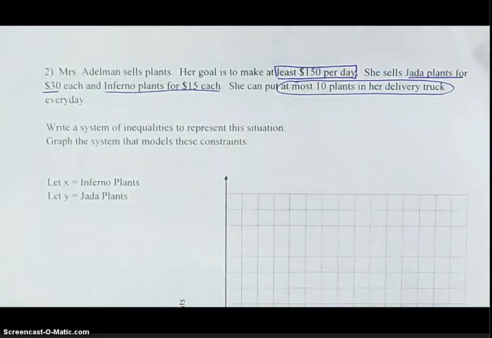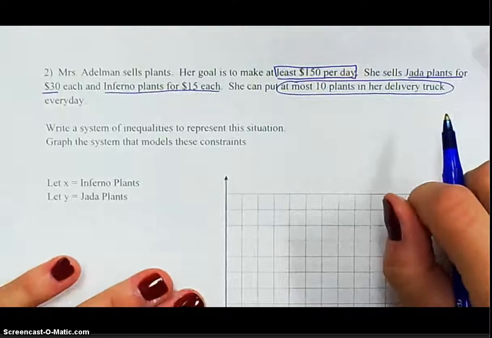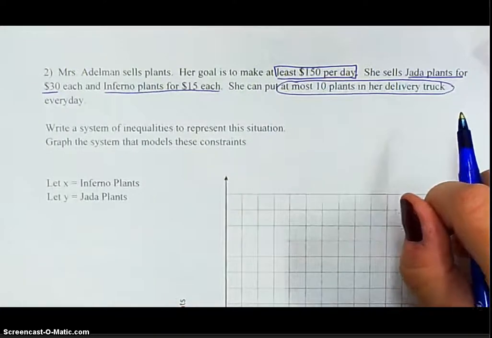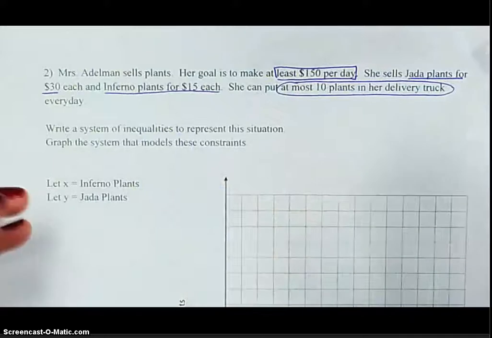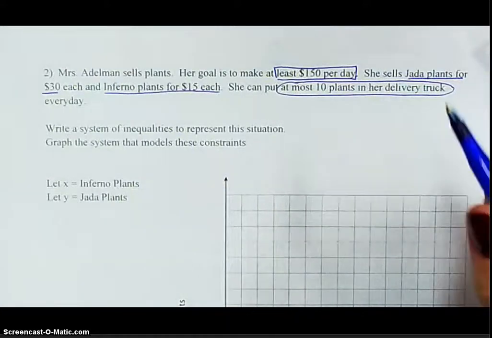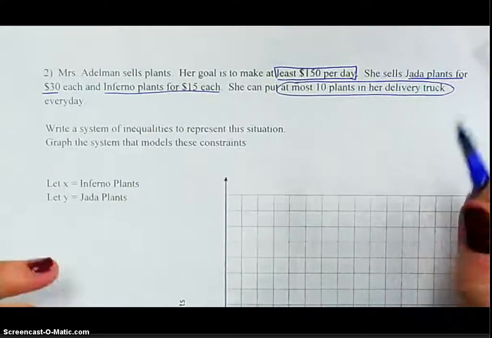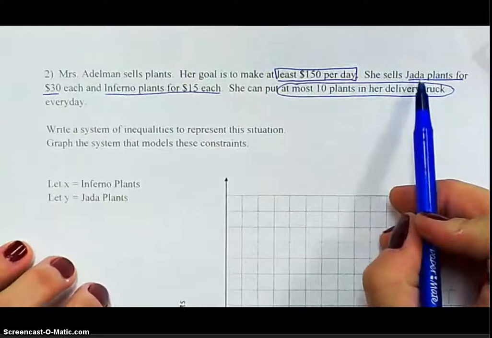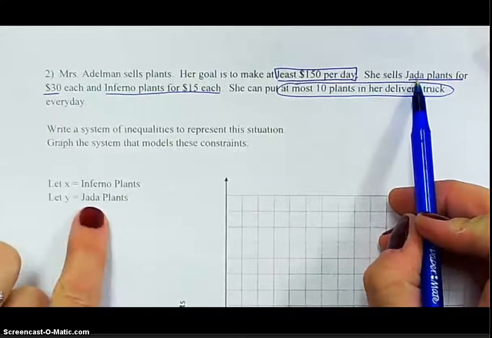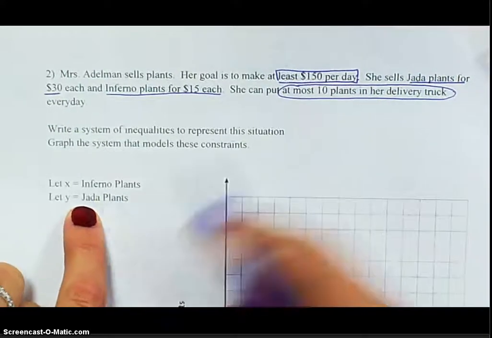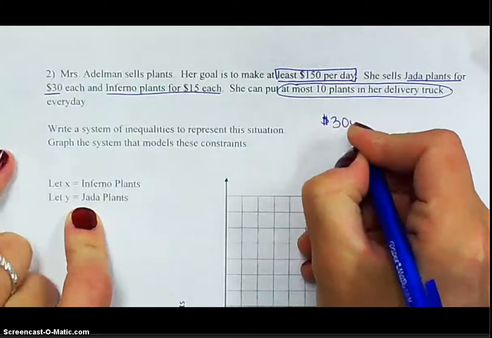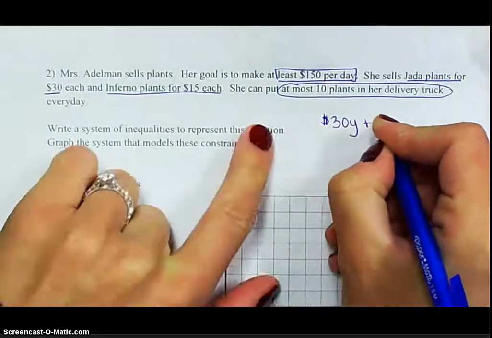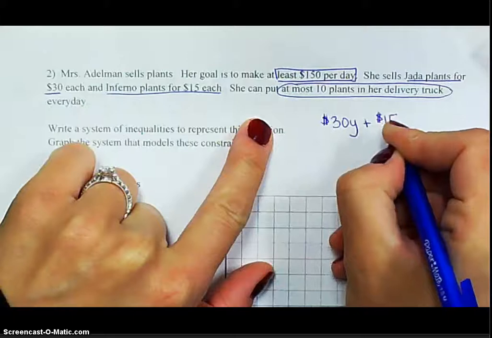Remember from yesterday's video, whenever we're setting up a system, you have to remember money, money, money. All the monies are going to go together. So let's set up our money inequality. Each Jada plant is 30, and Jadas are the y's, so that means 30y plus 15x.